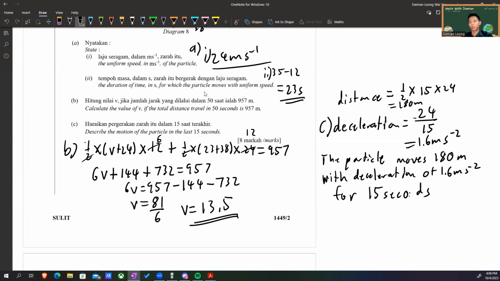So these are the pieces of information that I can give. Basically, each of this information carries a mark.